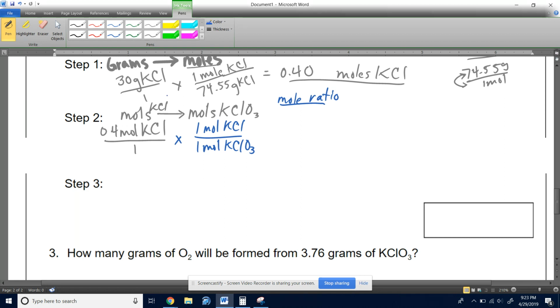So what we should do is rewrite this as KClO3 on top and moles of KCl on the bottom so that we could indeed cancel our units. And that will give us 0.4 moles of KClO3.